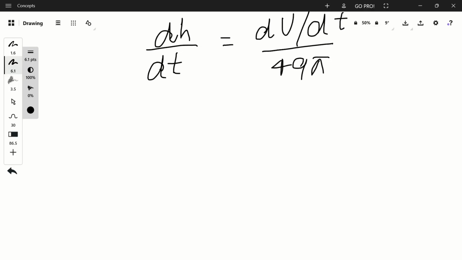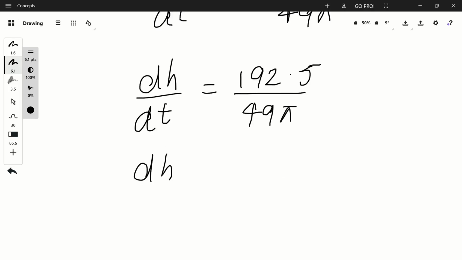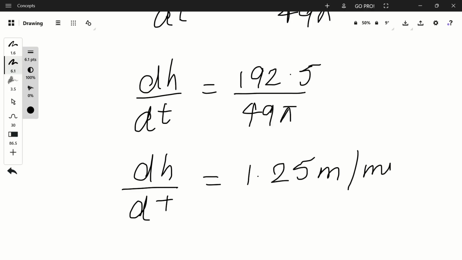Substitute the given value for dV upon dt. We have dh upon dt is equal to 192.5 upon 49 pi. Using the value of pi as 3.14, dh upon dt will be equal to 1.25 meter per minute.